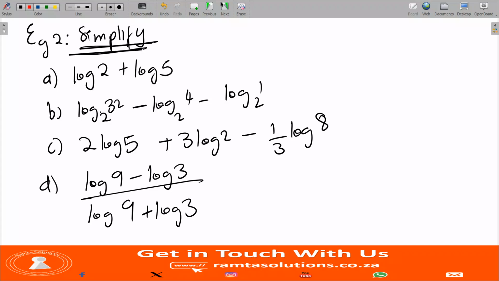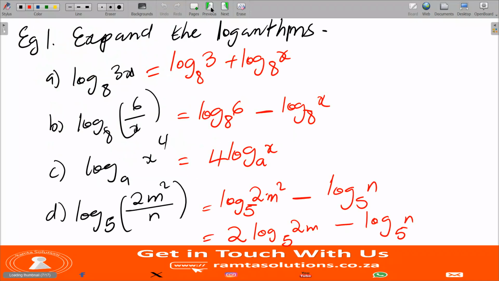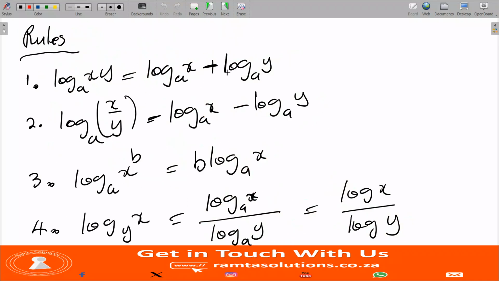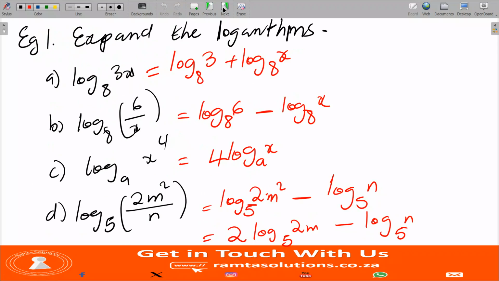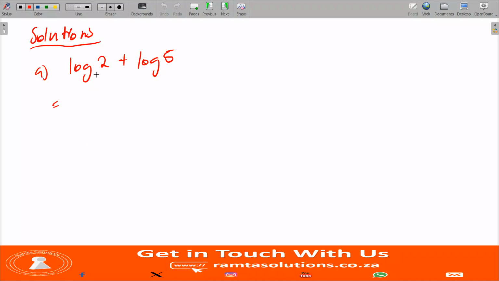For our solutions, let's look at A. A was log 2 plus log 5. This looks like we are looking at rule 1. Let's remind ourselves, rule 1. Do you see this? The bases are the same. The base is 10. Remember, if we don't write a base, we say that it is 10.